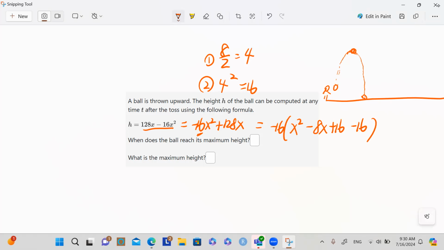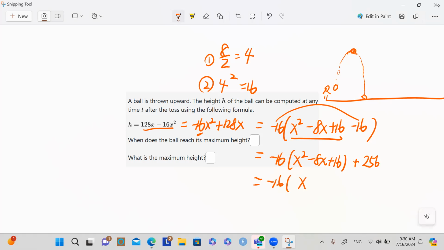From there, we have a perfect square, and we move the extra term outside. So minus 16 times x squared minus 8x adding 16, and moving this outside, 16 times 16 is 256. That's right. Inside is the perfect square, so it's x minus 4 squared plus 256.